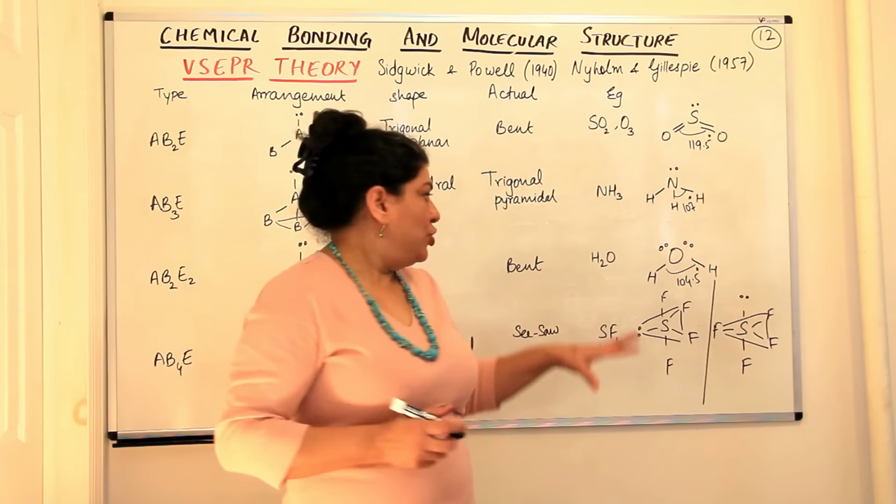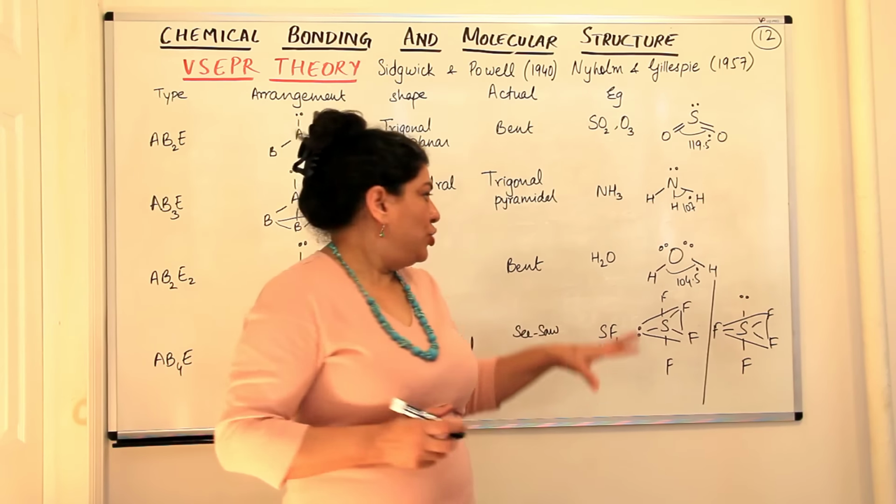So let us now move ahead with a few more examples. Let us do 3 more examples before finishing this topic. The next molecule is AB3E2. Now there are 2 lone pairs of electrons and 3 bond pairs of electrons around the central atom A. Since there are 5 pairs of electrons, the regular geometry expected would be a trigonal bipyramidal structure.